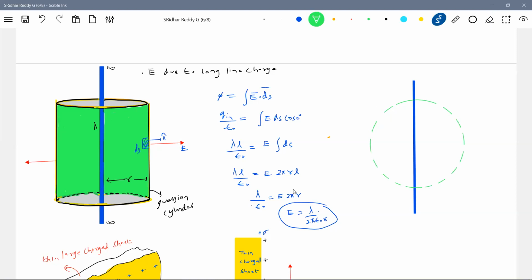Let's see that. So what is the radius of the sphere? Let it be R. Here I'll assume a surface. Look at different points, how E bar due to anywhere should be.